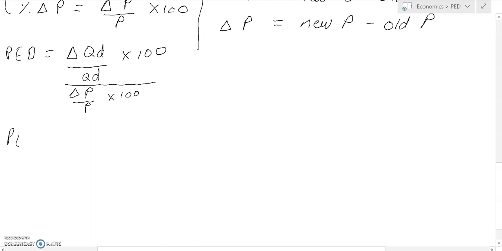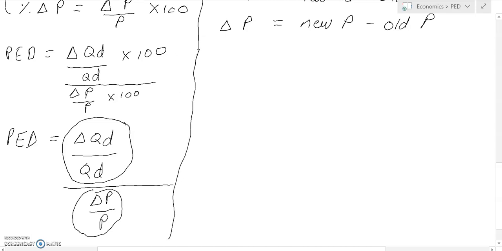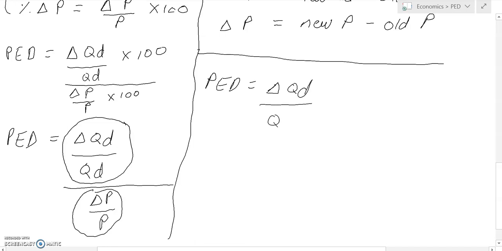We are left with price elasticity of demand, or PED, equaling delta QD upon QD, all divided by delta P upon P. Now, you have one fraction divided by another fraction, and that can be rewritten as delta QD upon QD divided by delta P upon P.